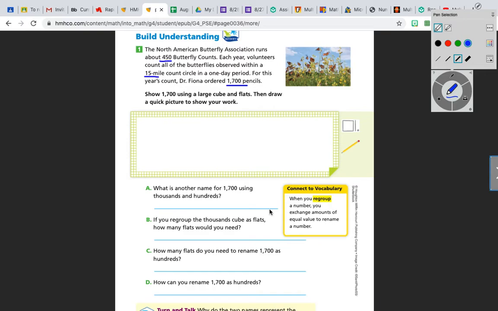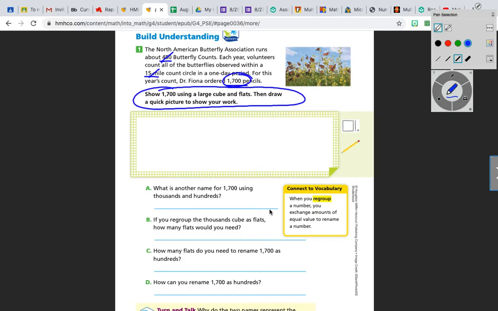What they want us to do is to show 1,700 using a large cube and flats, then draw a quick picture to show our work. So, if you were in the classroom, we would be in small groups and you would get some place value blocks and I would give y'all some thousands and some flats. But we don't have that, so the only information we're looking at though is this 1,700. We are not going to use 450 or 15.